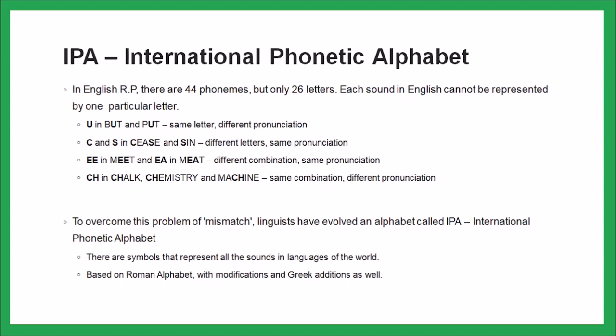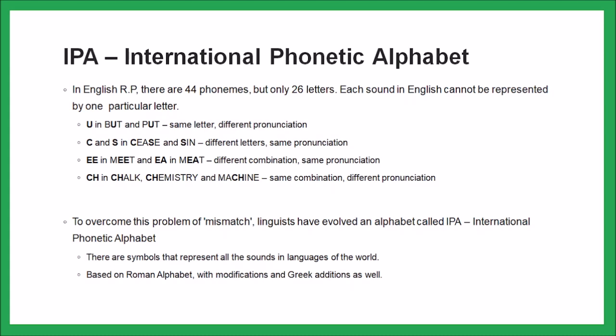To overcome this problem of mismatch, linguists have evolved an alphabet called the IPA, the International Phonetic Alphabet. This IPA can be applied to any language in the world. We know speech sounds are a part of any human language. All languages may not contain all the speech sounds. Some languages may contain extra speech sounds. But regardless, most of the speech sounds in every language are the same.